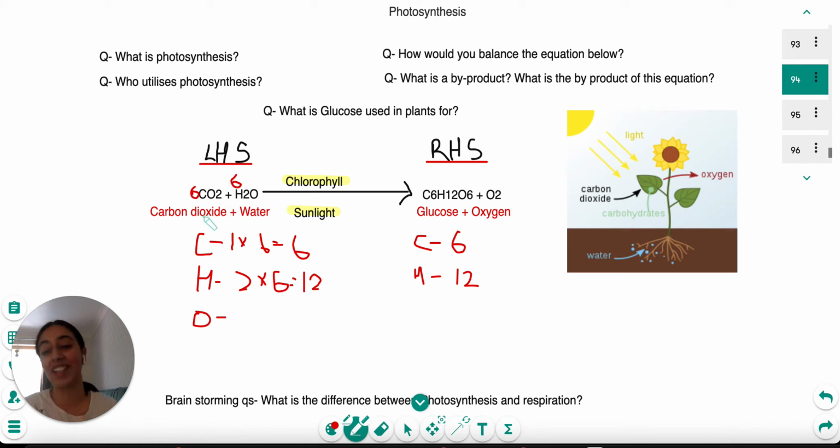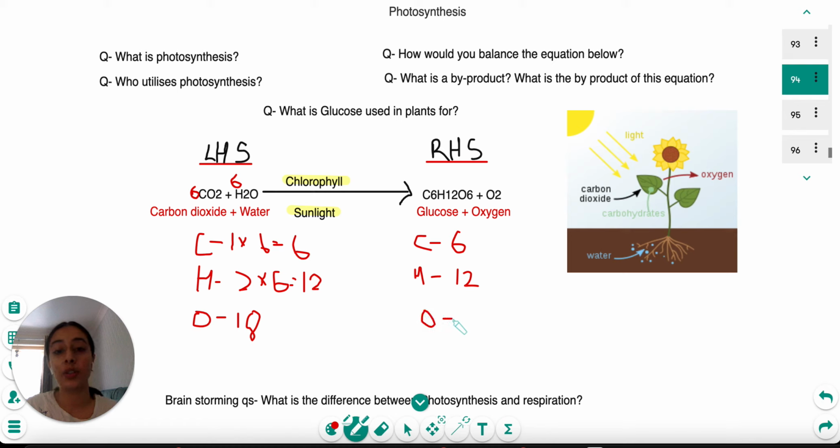Oh, I gave the answer away, didn't I? 12. Exactly. So 12 plus, because there's a big 6 and there's a tiny 1. So what's 6 times 1? 6. So what's 12 add 6 to get the total number of O's on the left-hand side? 18. Yep.